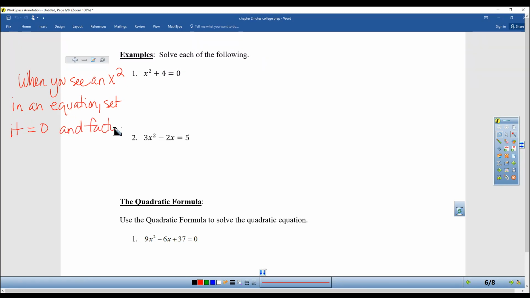This is going to be the case 9 times out of 10. There is only one exception. If there is no x term, then just get x squared alone and take the square root.